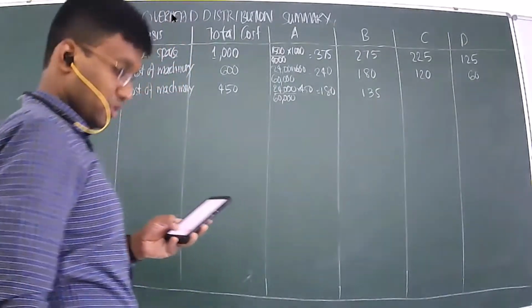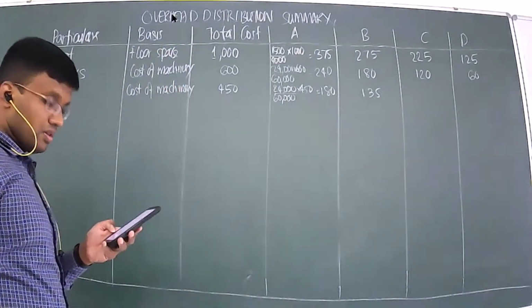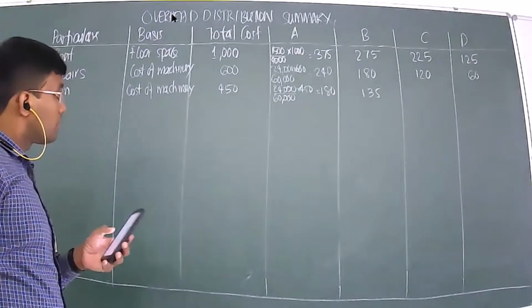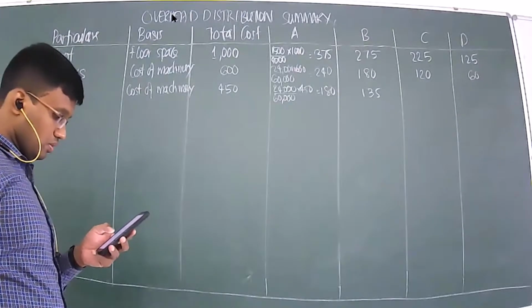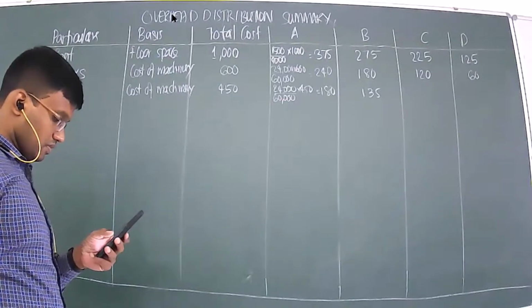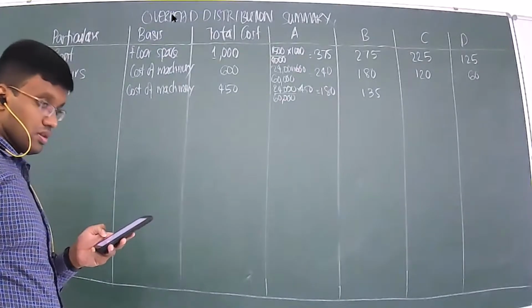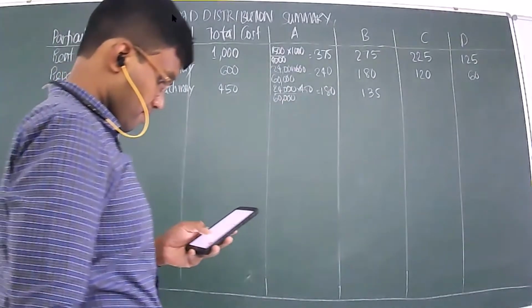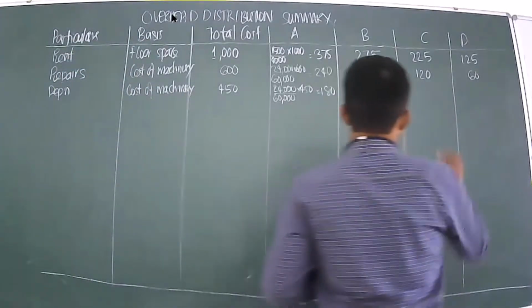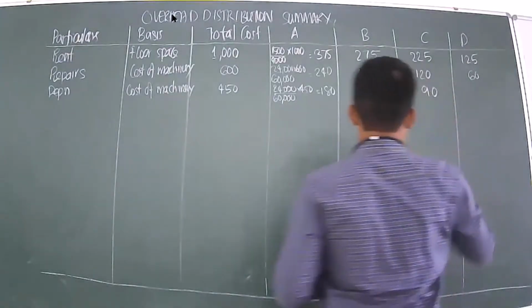Let's calculate for the next one. 12,000 divided by 60,000 into 450, this is 90.